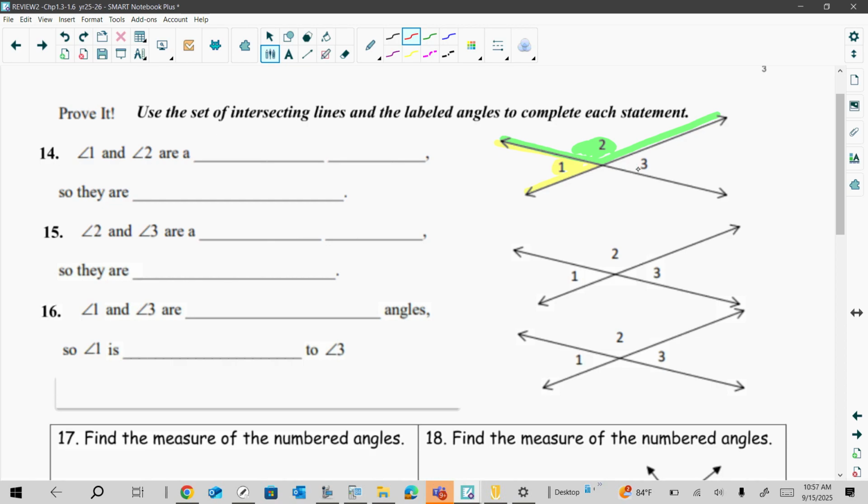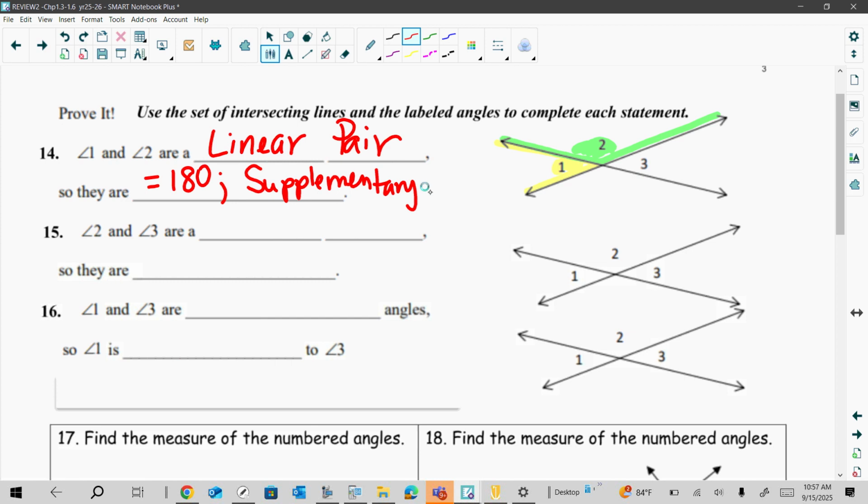It's a linear pair. So if they're a linear pair, they are what? 180. You can say equal 180. What is that called, to be equal to 180? Supplementary, yes.